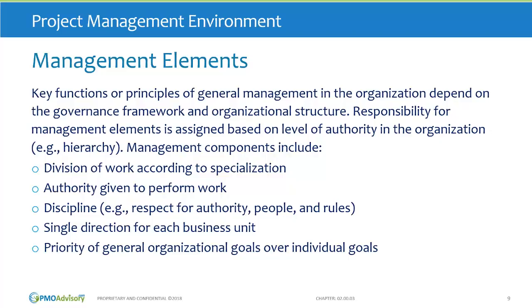Some management components include the division of work, authority given to manage and/or perform work, discipline, a single direction for each business unit, and the priority of the general organization goals over any individual goals. In other words, management turns the environment into a hierarchy that can be controlled and managed.